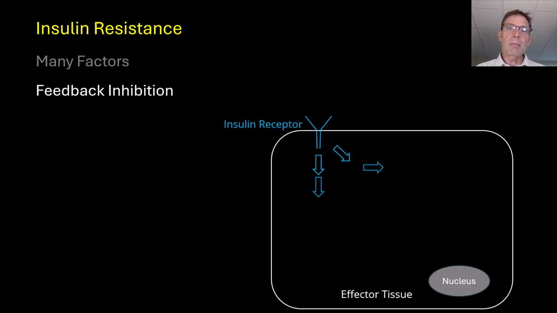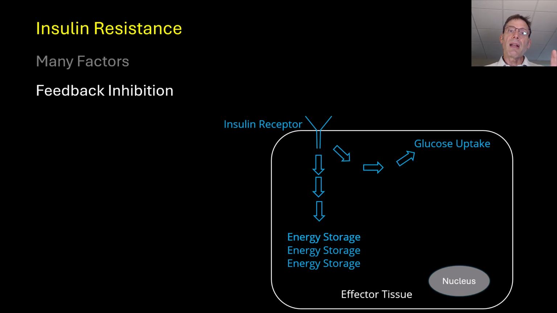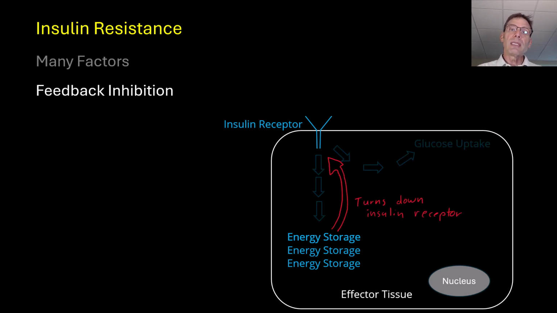If insulin receptor signaling stays high over long periods of time, the products of that receptor signaling, like stored fat, are going to feed back on enzymes in the pathway to turn down signals from the insulin receptor. The cell is effectively saying to the insulin receptor, hey, we heard you, we did what you asked, stop talking to us.